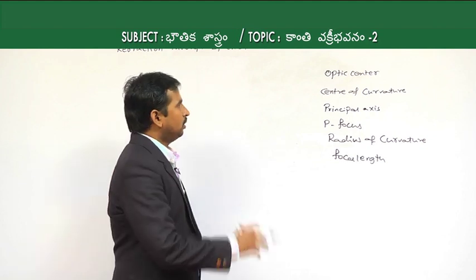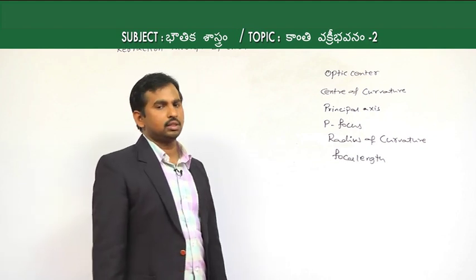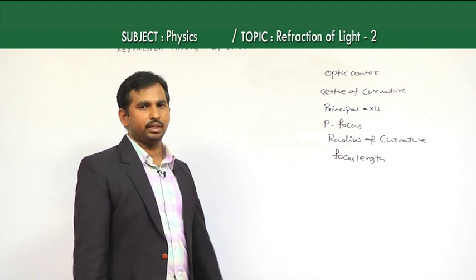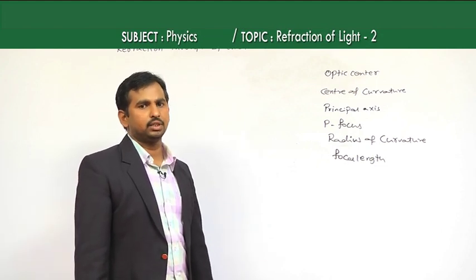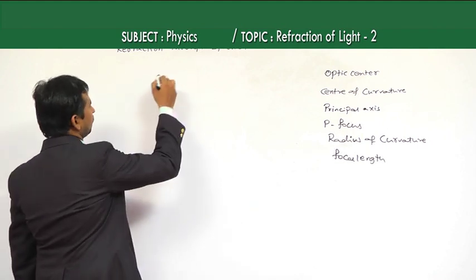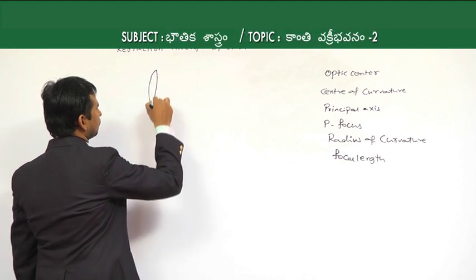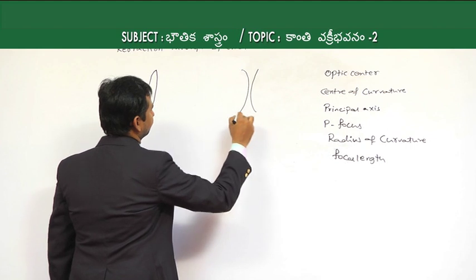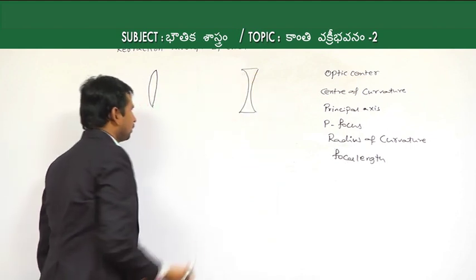Now, after taking all these 6 basic definitions, we are going to explain the behavior of the light ray whenever it is incident on any spherical lens. Let us suppose first we take a convex lens, or you can even take a concave lens, like this.